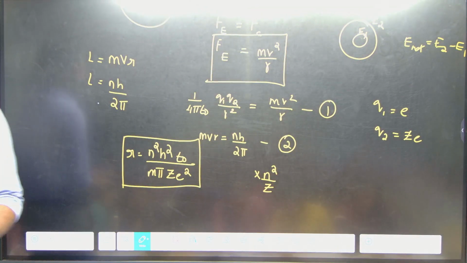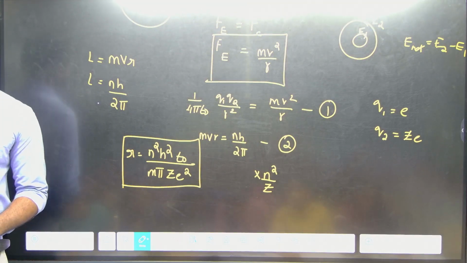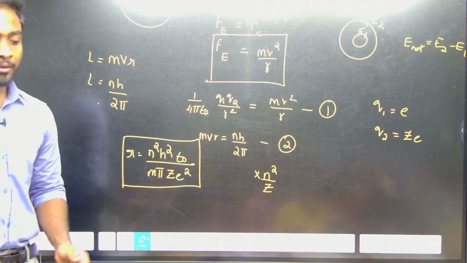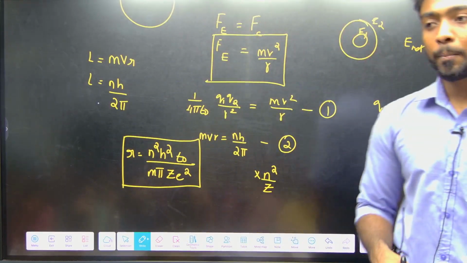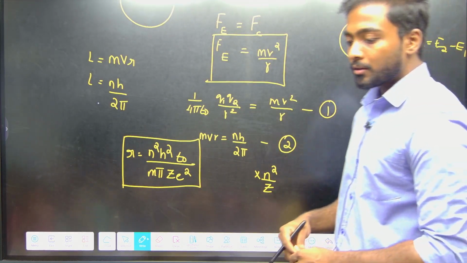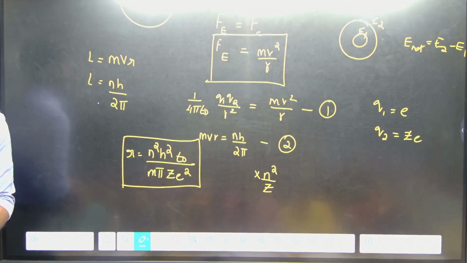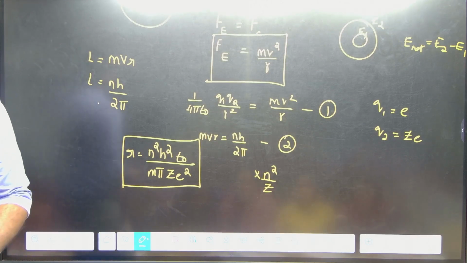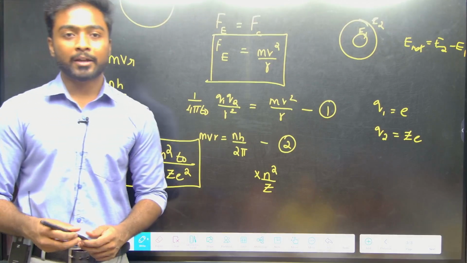This is the direct value. Can I write that in Angstrom also? 0.53 n square by z Angstrom. So instead of 10 power minus 10, I am writing it as Angstrom.